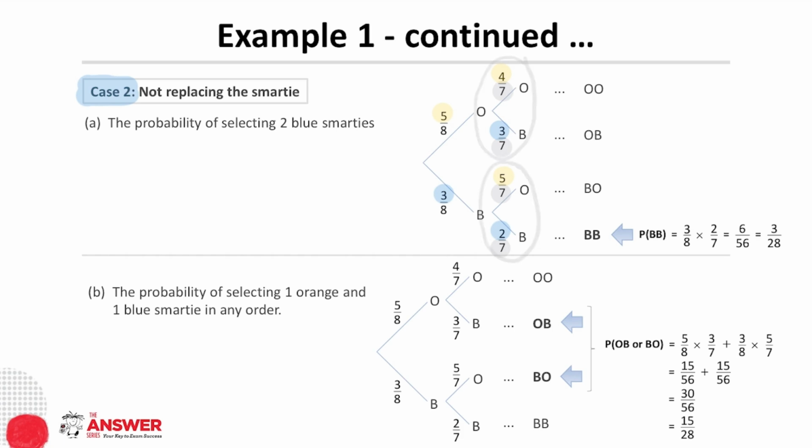Let's take a moment to consider the concept of independent events here. We can immediately see that the selection of the second Smartie is influenced by the selection of the first Smartie because it is not replaced. We can therefore say that the 2 selections in this case are not independent. Whereas if we think back to case 1 where the first Smartie selected was replaced, that was an example of independent events.